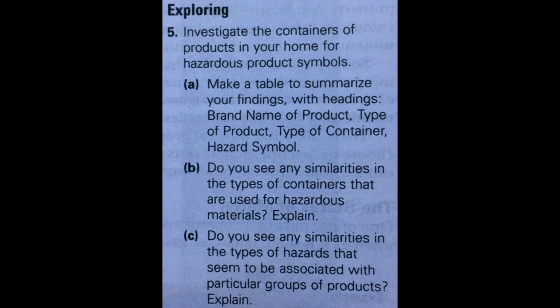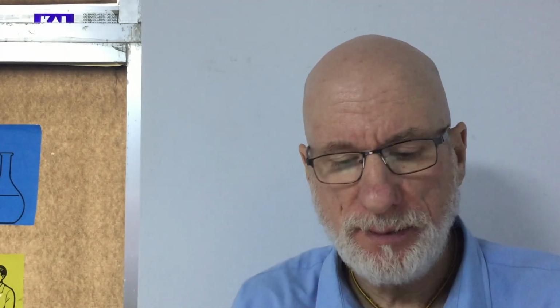Explain. C, do you see any similarities in the types of hazards that seem to be associated with particular groups of products? So let's look at some additional things that might be a repetition of what we've learned during this lesson.